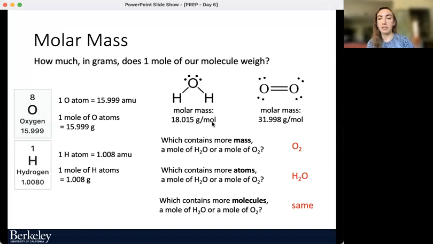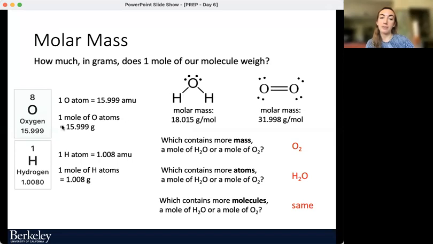So I'm going to make you practice finding molar masses because you're going to have to do it a lot and you better get comfortable with it. So just as a reminder, the way that I calculated the molar mass here is I read off the molar mass off the periodic table of each atom. So this H2O molecule has 1 oxygen atom and 2 hydrogen atoms.